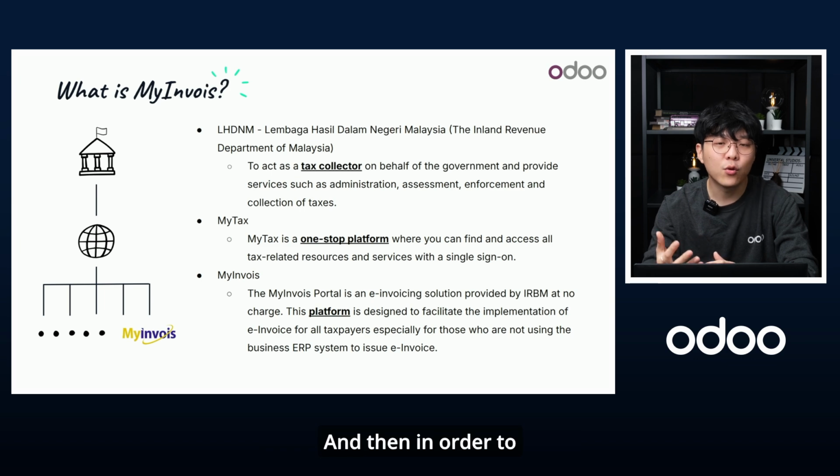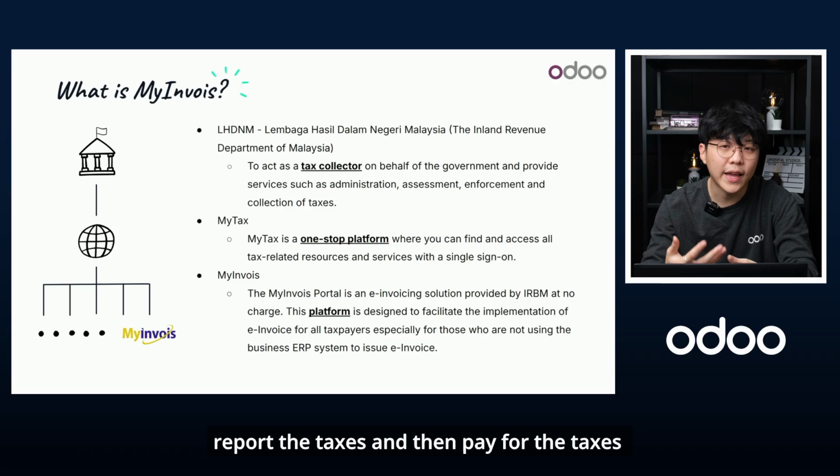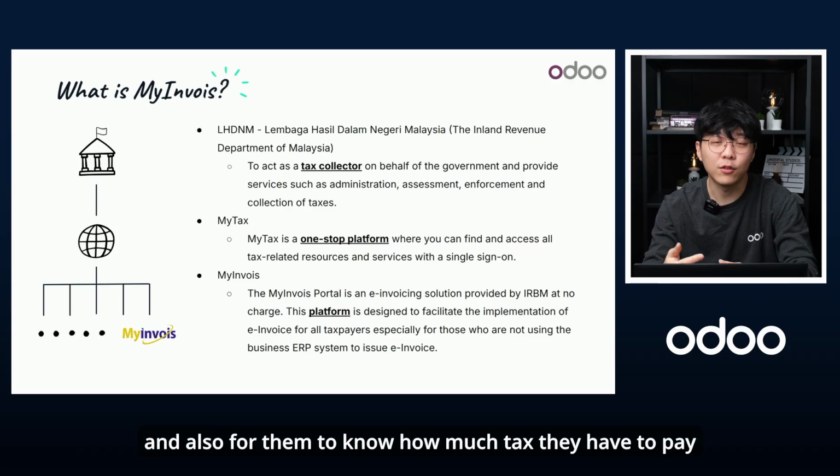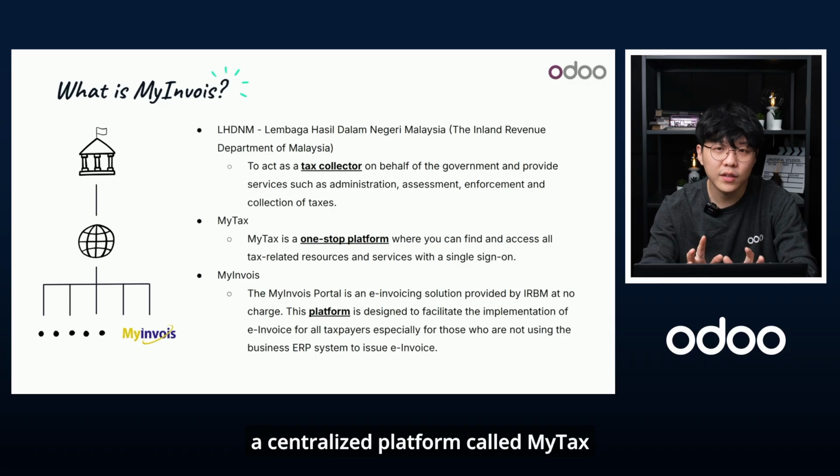In order to make it easier for the taxpayers to report the taxes and pay for the taxes, and also to know how much tax they have to pay, they support a one-stop, centralized platform called MyTax.